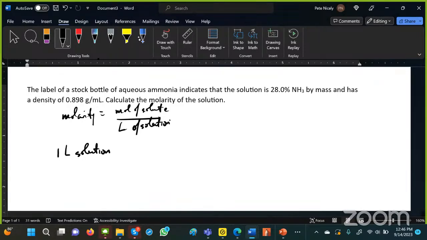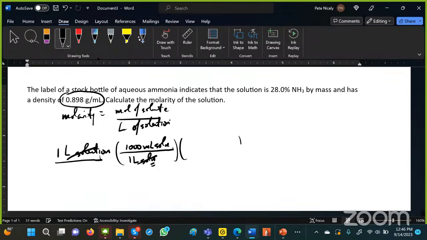The first thing I can do with this is find out the mass of the solution. Why? Because I'm assuming 1 liter of solution and we have the density of the solution right here, right? So in order for us to go from liters to mass, what I would do first is convert from 1 liter of solution to milliliters. So of course, we know that 1 liter is the same thing as 1,000 milliliters of solution, so that this unit cancels with that unit.